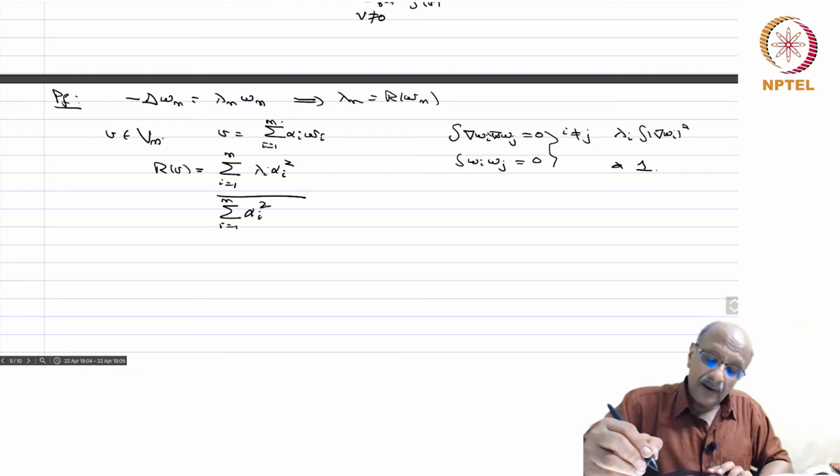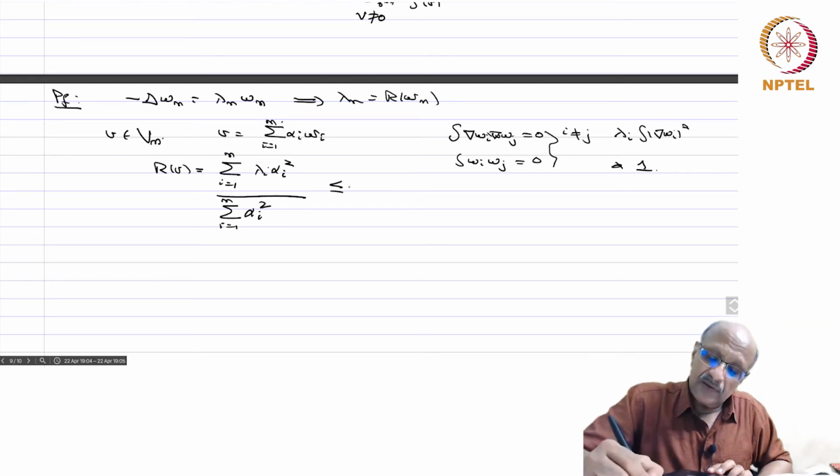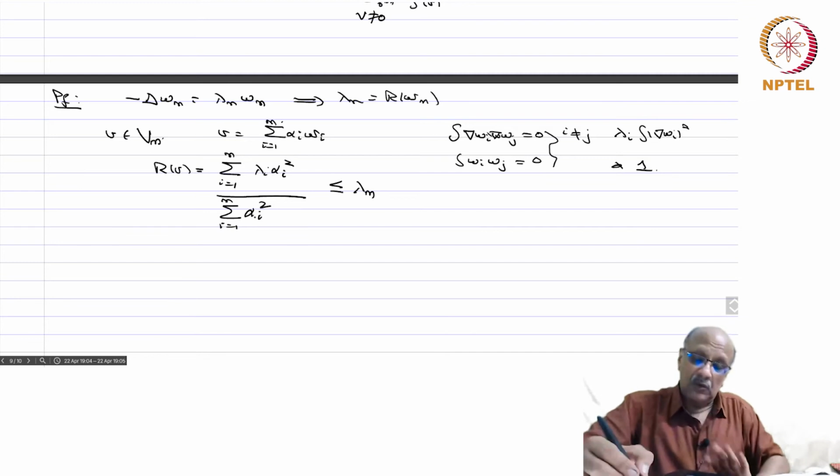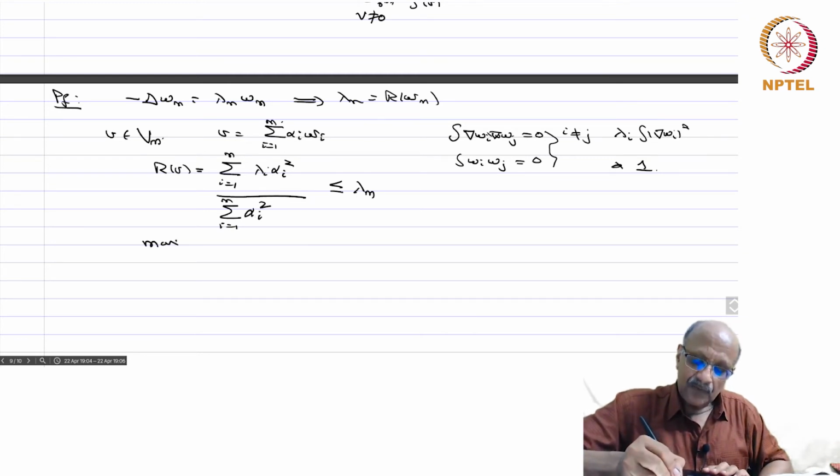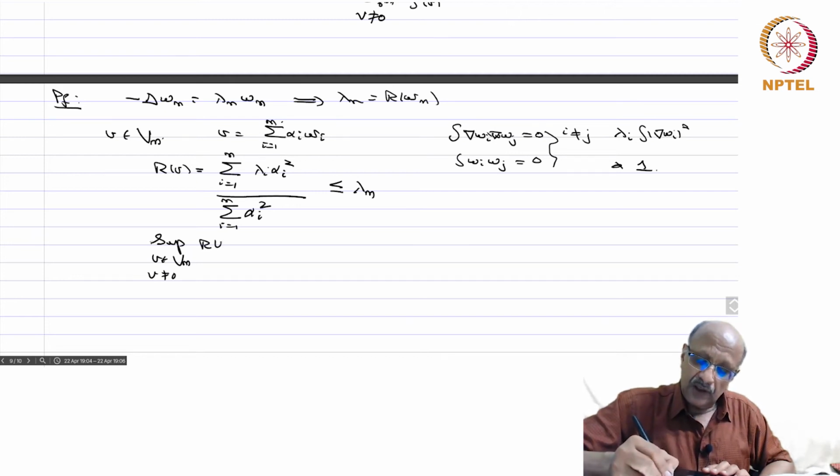Okay. And since you are numbering the lambdas in increasing order, each lambda i is less than or equal to lambda m, then sigma alpha i square by alpha square is just equal to 1. So, sup of R(v), v in Vm, v not equal to 0, is less than or equal to lambda m.